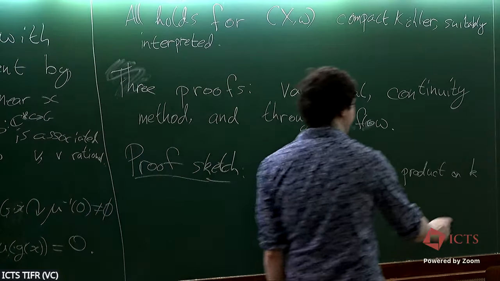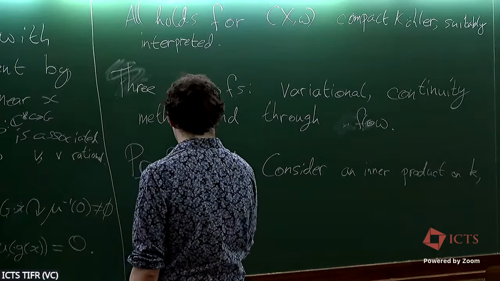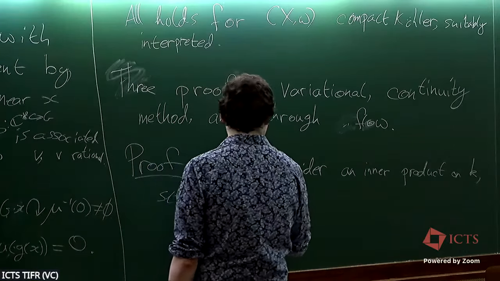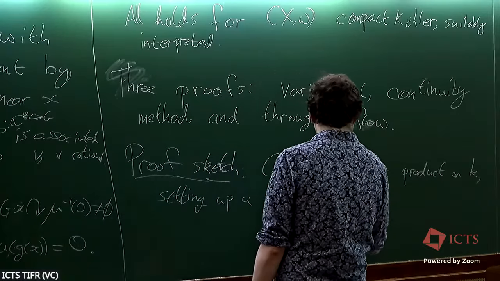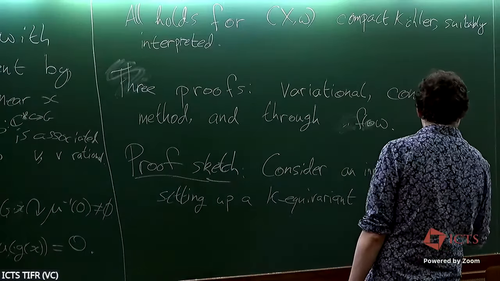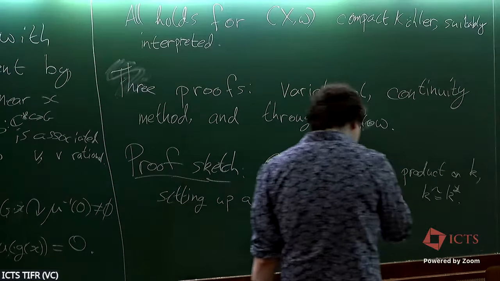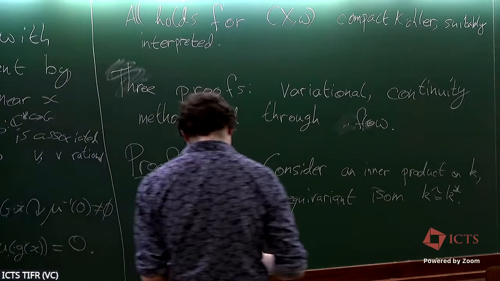So setting up a K-equivariant isomorphism between the Lie algebra and its dual. Okay, the point then is that the moment map originally takes values in the dual of the Lie algebra. Through this isomorphism, we can consider it as taking values in the Lie algebra itself.